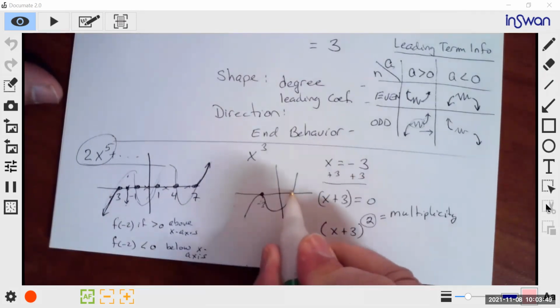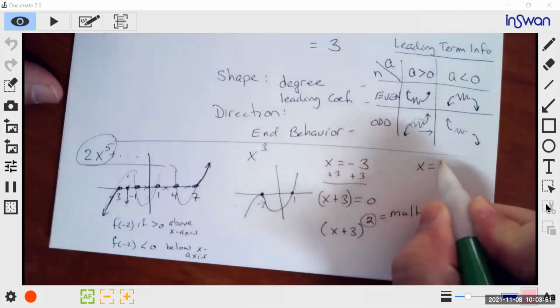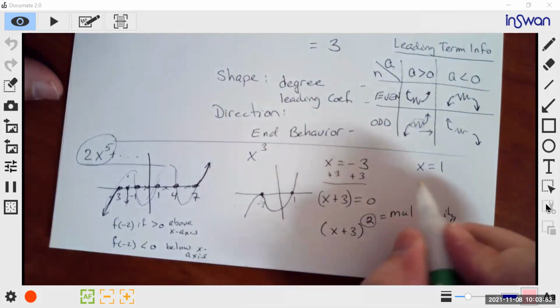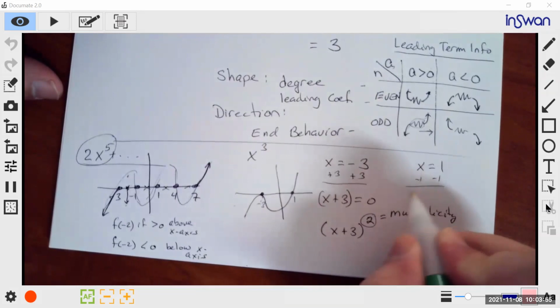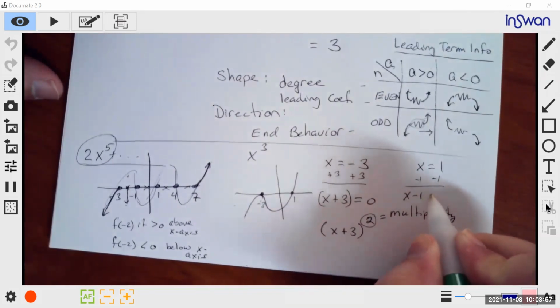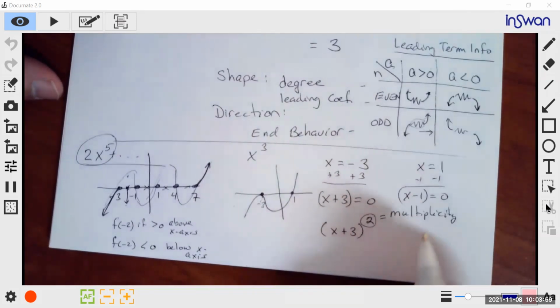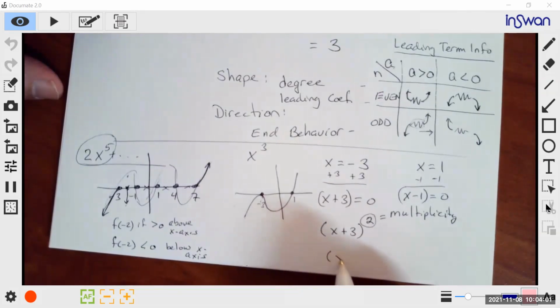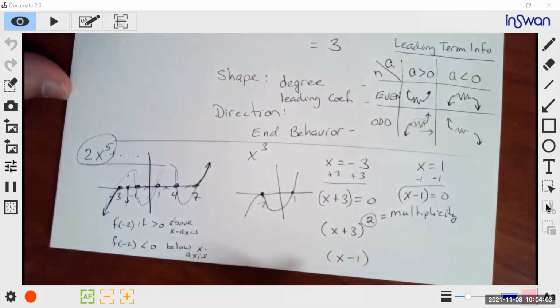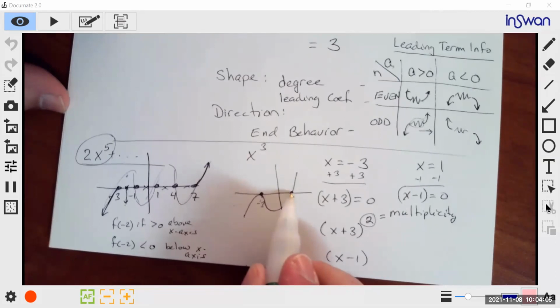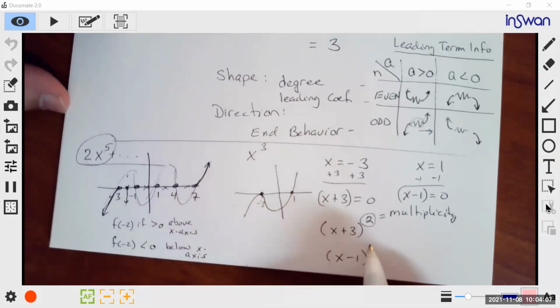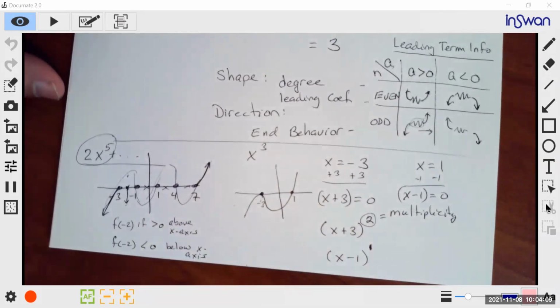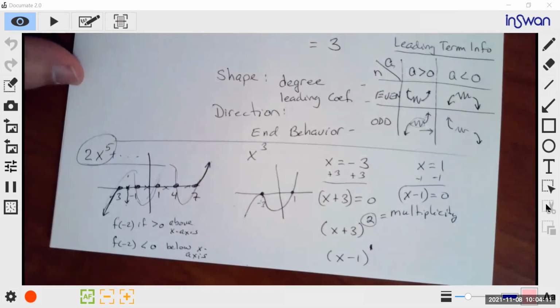And the second time here, when x equals 1, if I solve that, I get x minus 1 equals 0. So that's my other factor. X minus 1. Since it crosses, that power is 1. That multiplicity is 1.